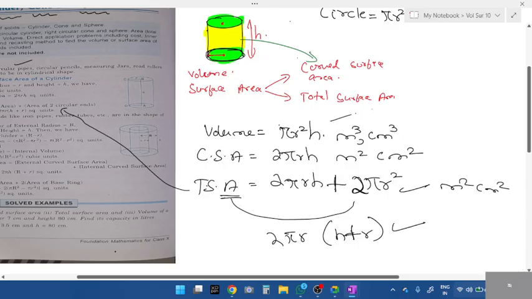Okay, so volume is equal to the area of a circle, pi r square, multiplied by height. You'll get volume. Curved surface area is the circumference of a circle, 2 pi r, multiplied by h. When it comes to total surface area, this curved surface area plus the other two circles, top and bottom. Add that.